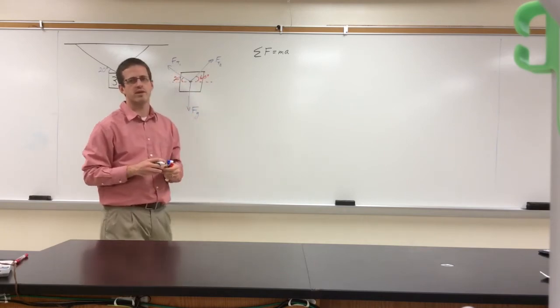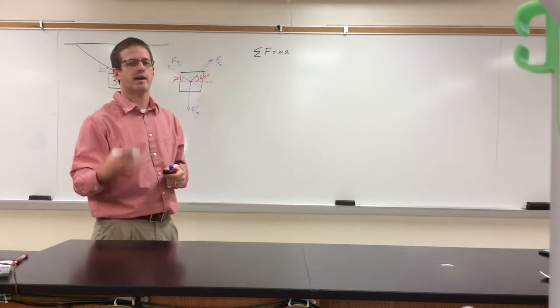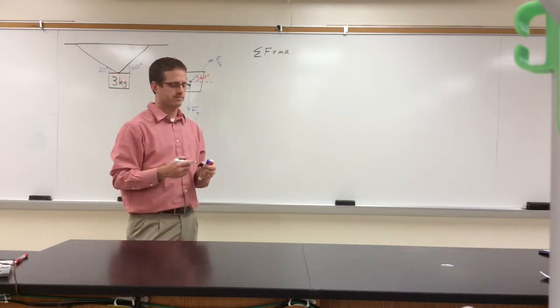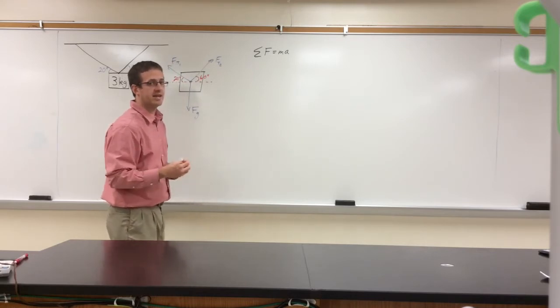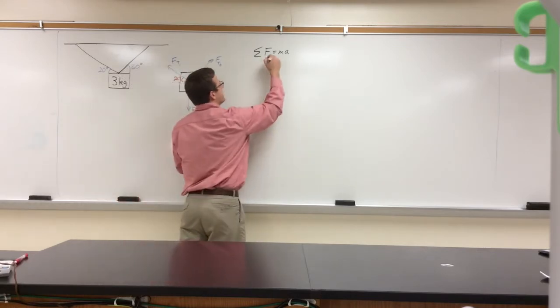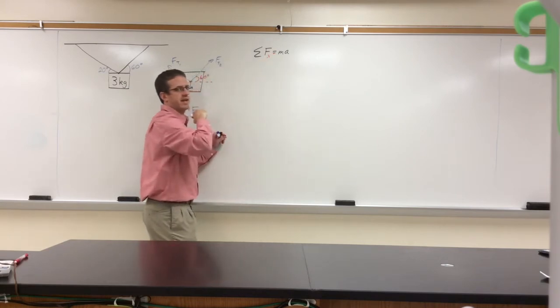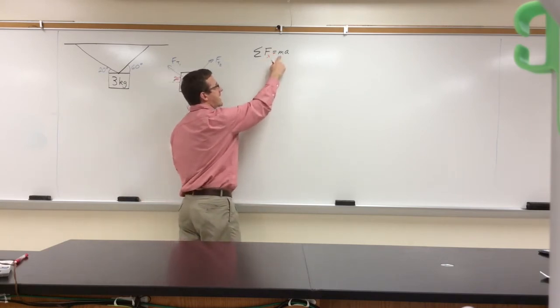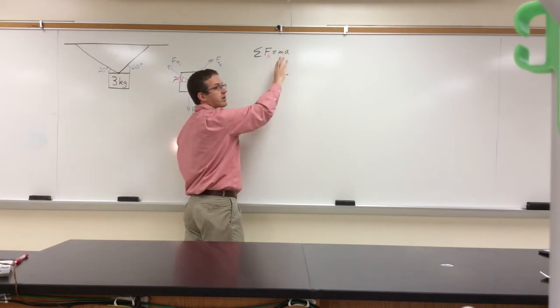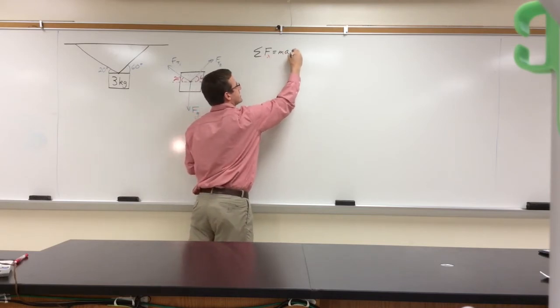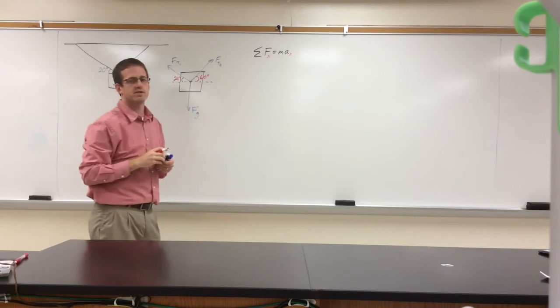So the way that we're going to do this is we're going to split it into x direction and y direction. So I'm going to say, well, let's look at the x forces, and the sum of the forces in the x direction will equal the mass, which of course has no direction, times the total acceleration in the x direction. So it looks something like that.